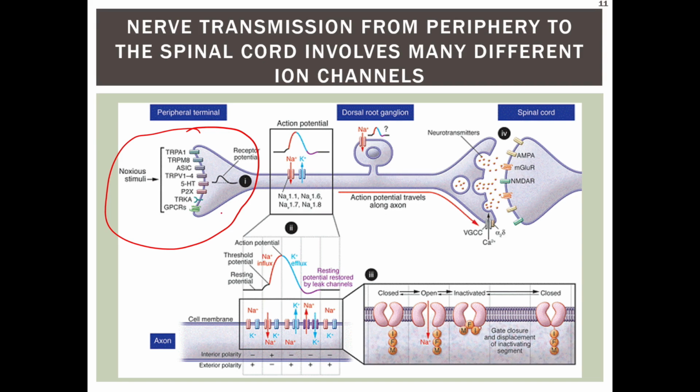And along the way, this peripheral afferent neuron is sending its signal towards the spinal cord. Along this axon, notice there are sodium and potassium channels that are responsible for conducting the action potential.